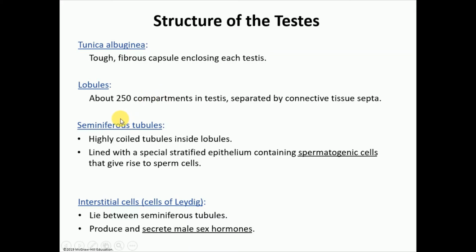And then inside of these compartments, we have little tiny tubules that are very highly coiled, and those are known as the seminiferous tubules. These tubules are lined by the stratified epithelium, and they have the spermatogenic cells. So these are the cells that are going to eventually go through the steps of spermatogenesis in order to make a sperm. In between these seminiferous tubules, we have cells known as the interstitial cells or the cells of Leydig, and those cells produce and secrete the male sex hormones.